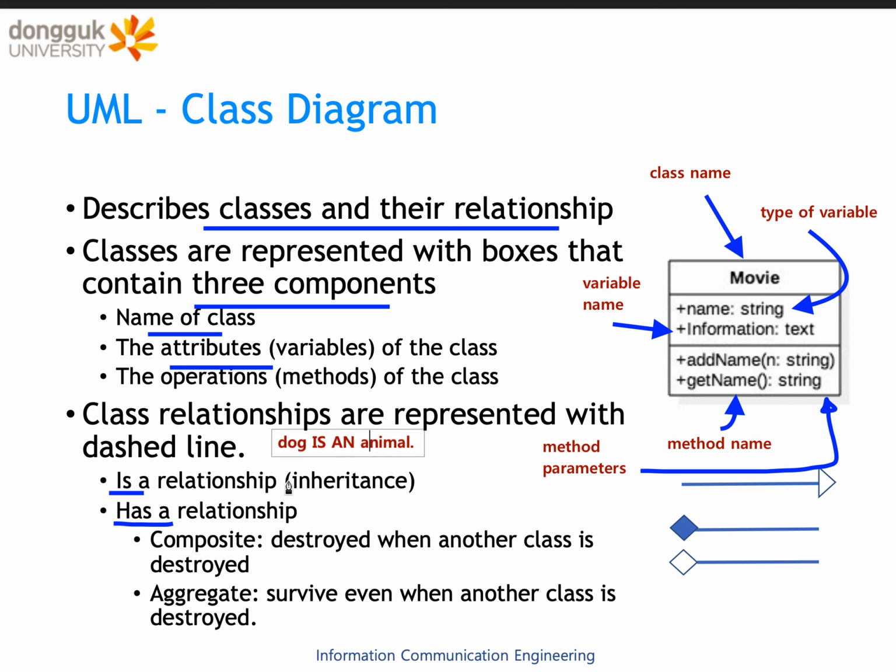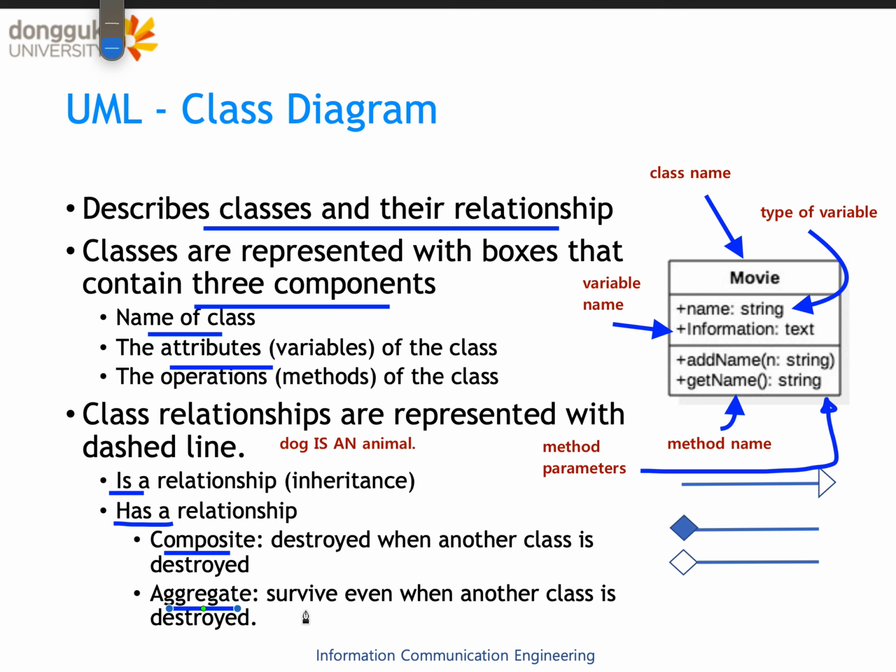Okay, so that is the is-a relationship. Also, two classes may have a has-a relationship. A has-a relationship means that if one class includes another class as an instance, then it is a has-a relationship. And in the has-a relationship, there are two types: one is composite, the other is aggregate.